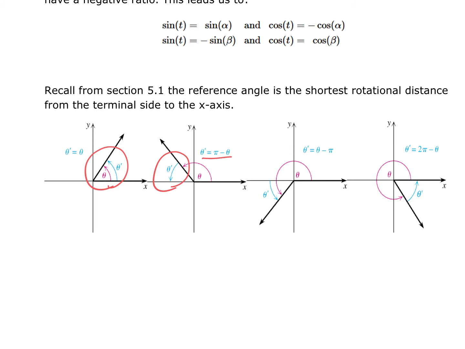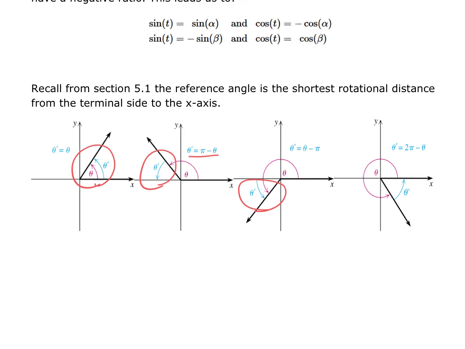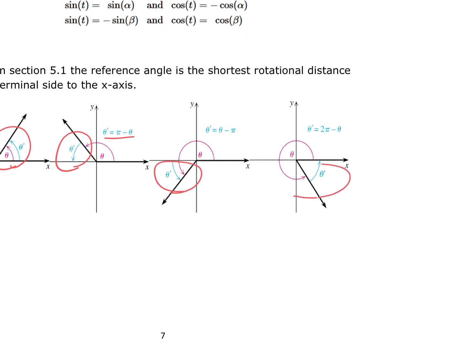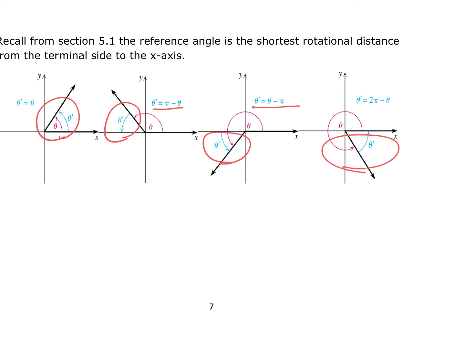If you're in quadrant 3 and your angle is between pi and 3 pi over 2, the reference angle is your angle minus pi. And lastly, if you're in quadrant 4 and your angle is between 3 pi over 2 and 2 pi, then your reference angle is 2 pi minus the angle. So that's where those all come from.